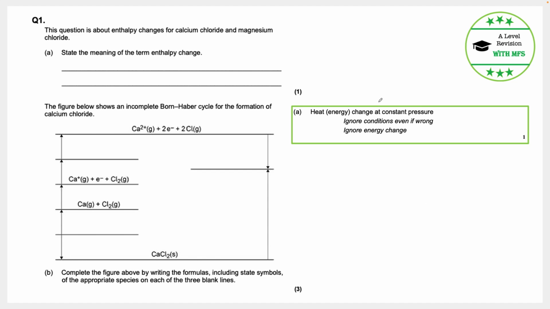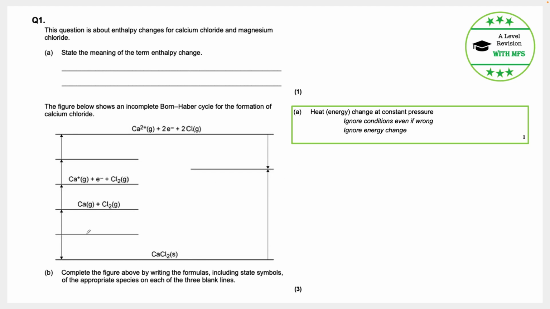Now, the second part of this question says the figure below shows an incomplete Born-Haber cycle for the formation of calcium chloride. Okay, so we've got calcium chloride here at the bottom, and we can see that there's an arrow pointing towards it. So that means calcium chloride is being formed because the arrow is pointing towards it.